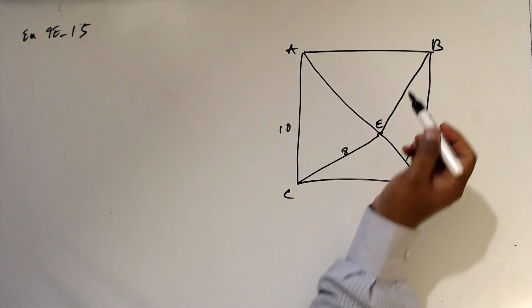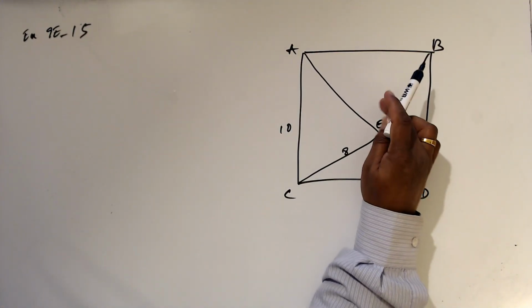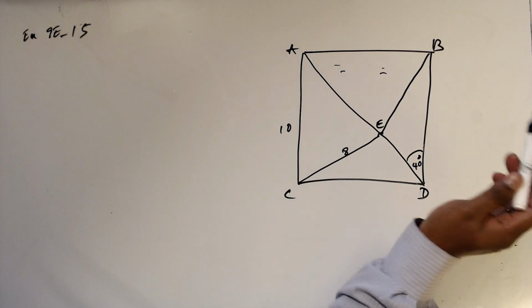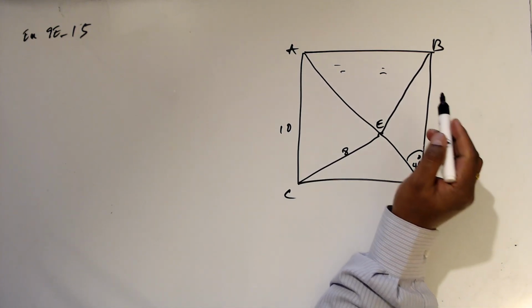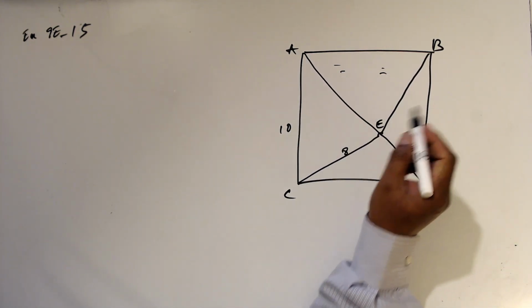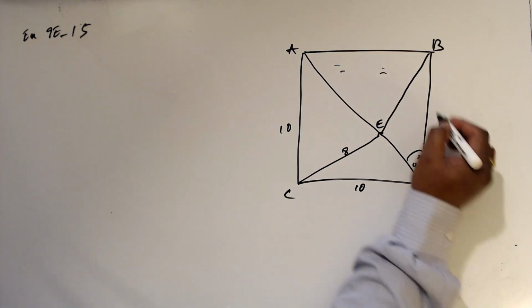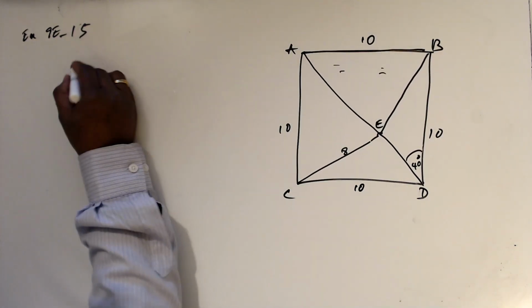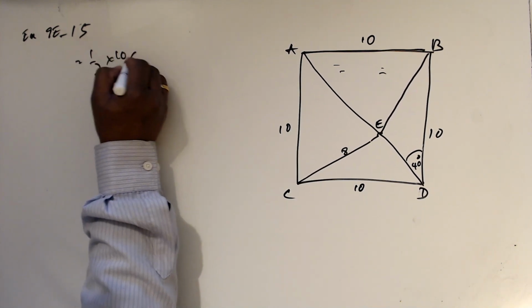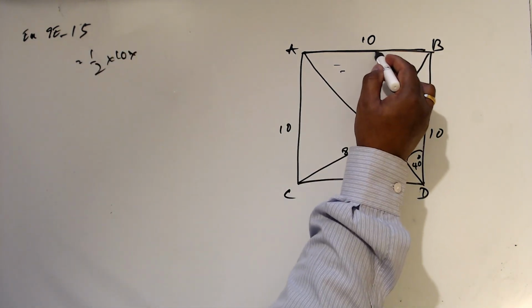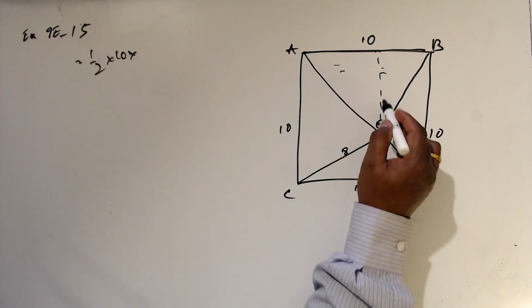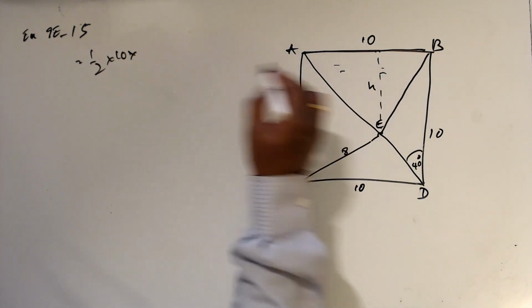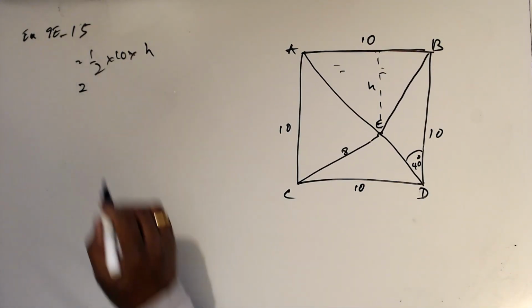Question number 15. We want to find the shaded area triangle. This is a square. It means they all 10 and 10. So I know half base times, if I know this height h, then I can find the area.